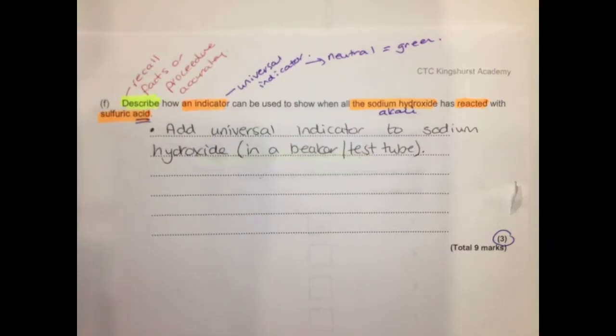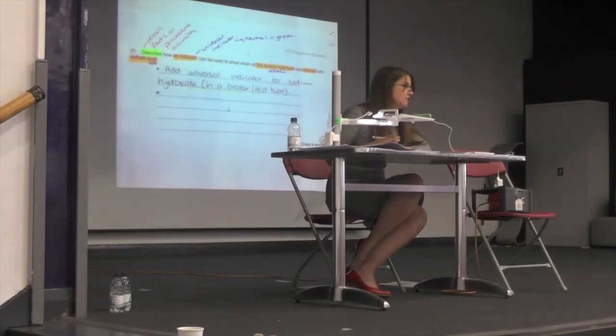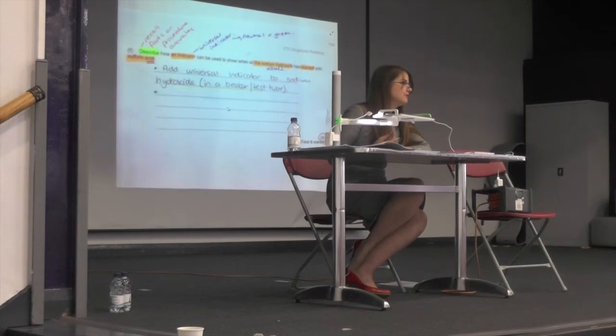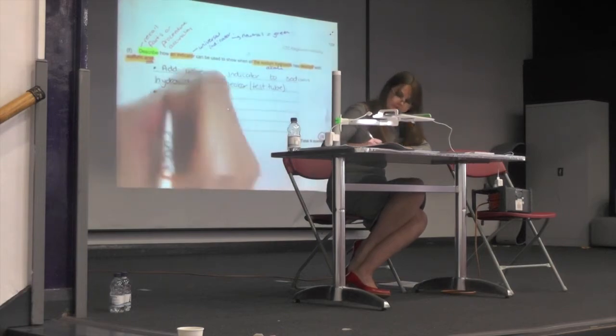Add universal indicator to the sodium hydroxide. Now, the important bit here is add the acid gradually or slowly.